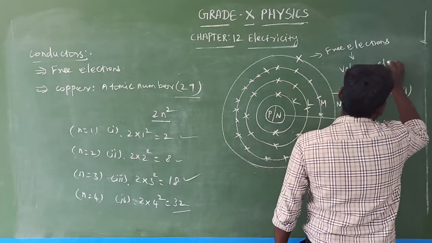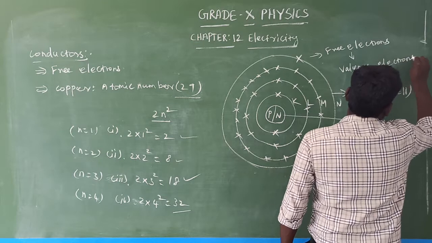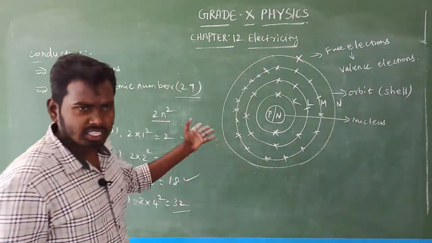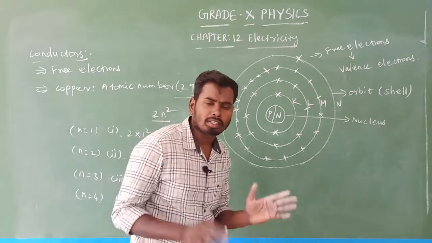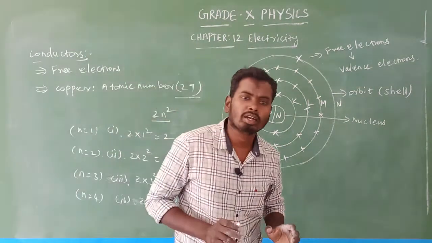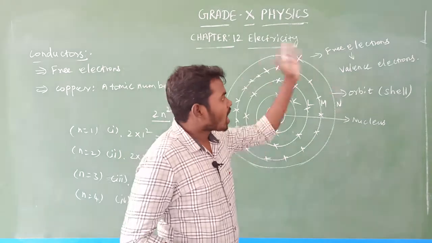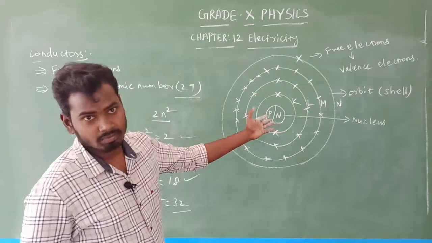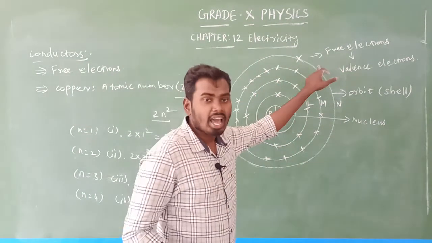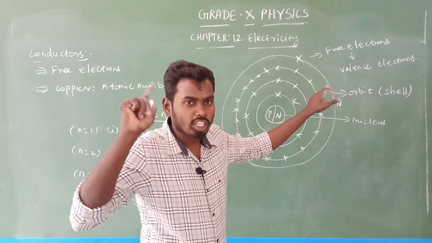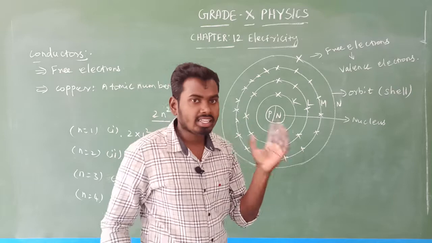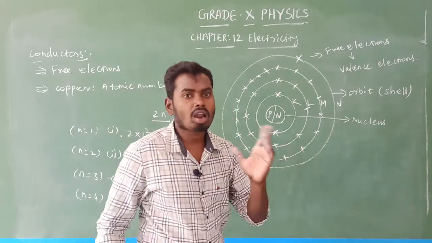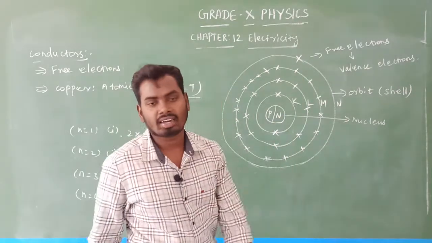This is an example for only the copper atomic structure. But all metals are good conductors of electricity because they have lots of free electrons like this, lots of free electrons in their outer orbit. Note this point, in their outer orbit, which means outer cell.